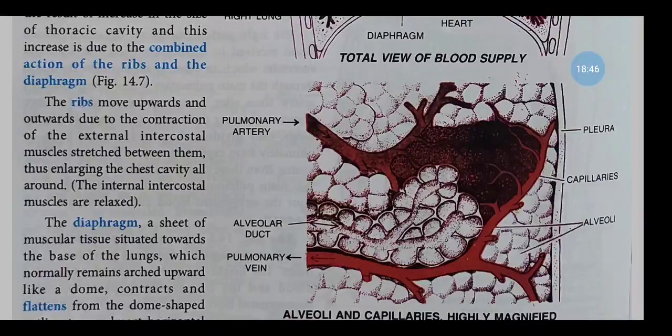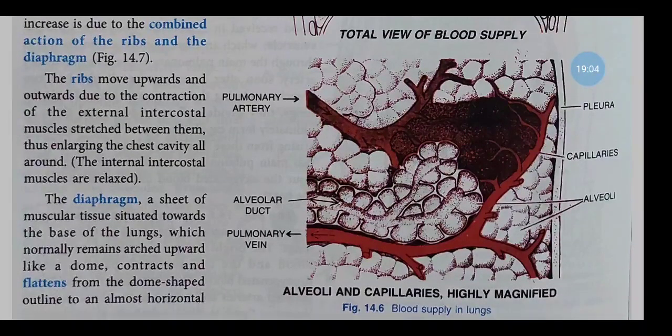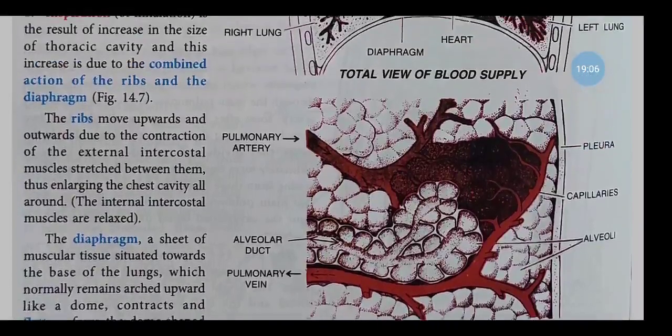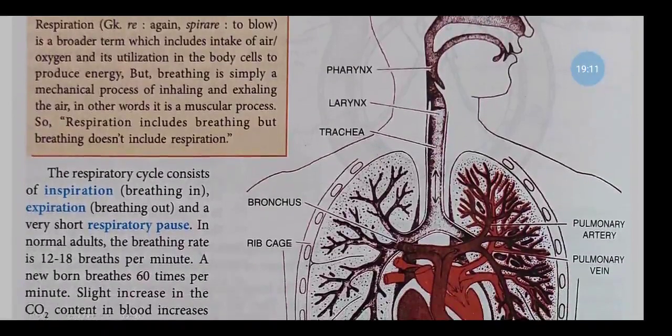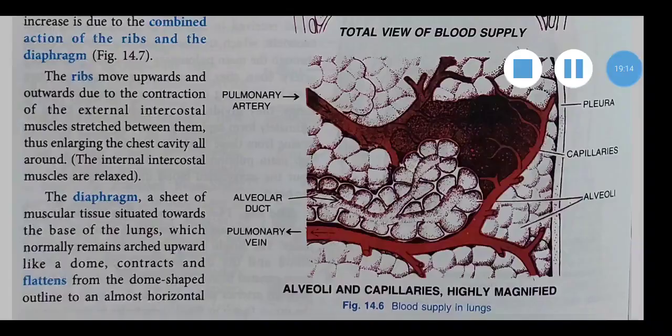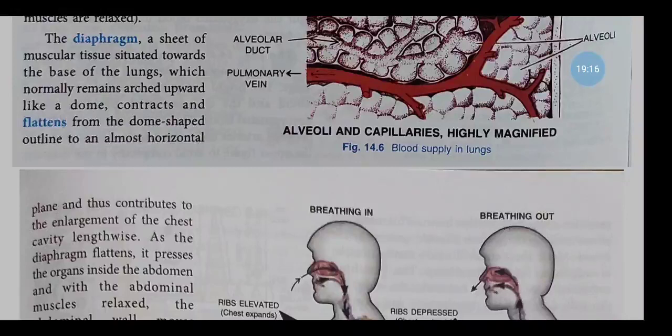This diaphragm just lies below your lungs, which normally remains arched upward like a dome, contracts and flattens from the dome-shaped outline to almost horizontal plane, and thus contributes to the enlargement of chest cavity lengthwise.